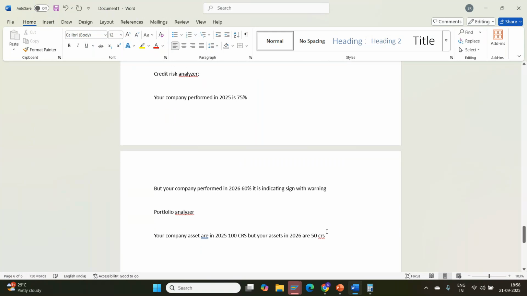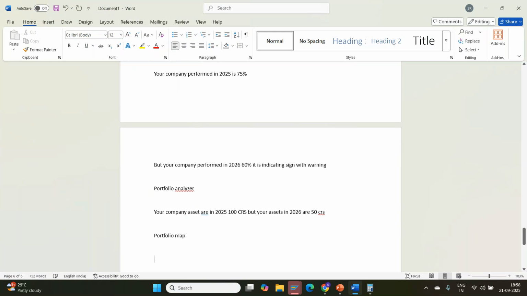So there is a portfolio map. It will show a line, a graph, which will decrease like that. That type of thing we will check in the portfolio analyzer.